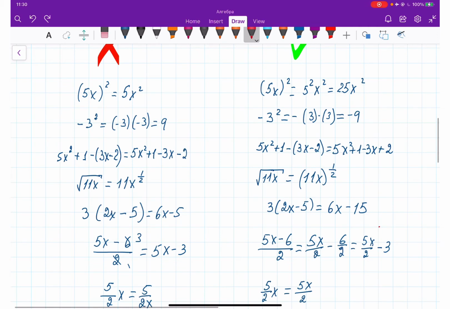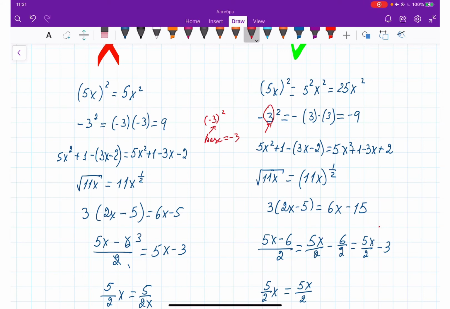Okay? Next one, negative 3 squared. Negative 3 squared differs from negative 3 in parentheses squared, because in that case the base is negative 3. Here, the base is only 3.